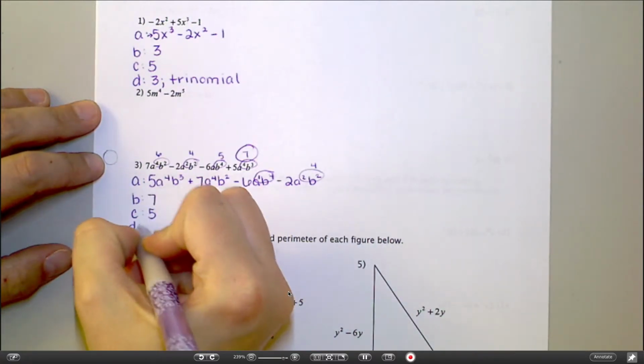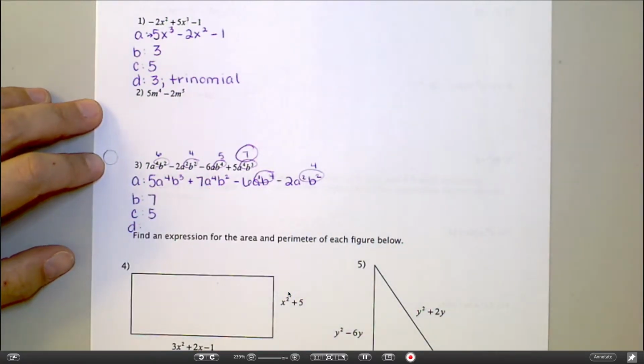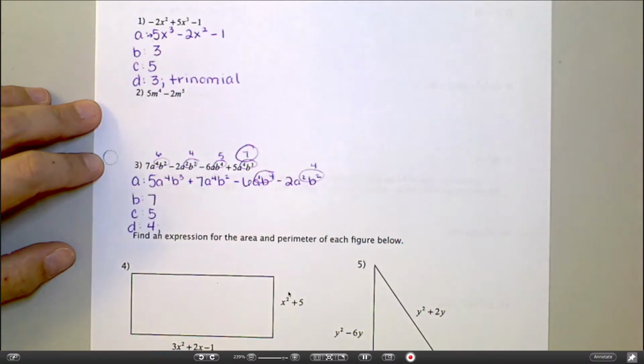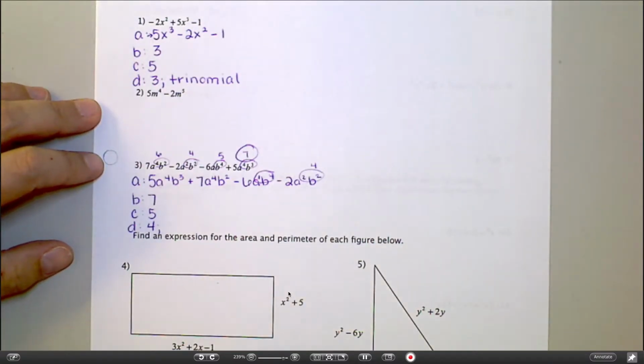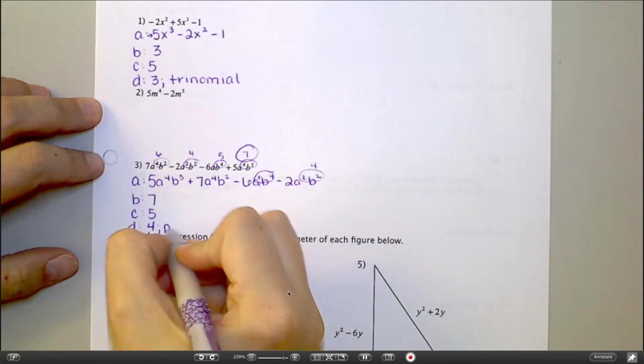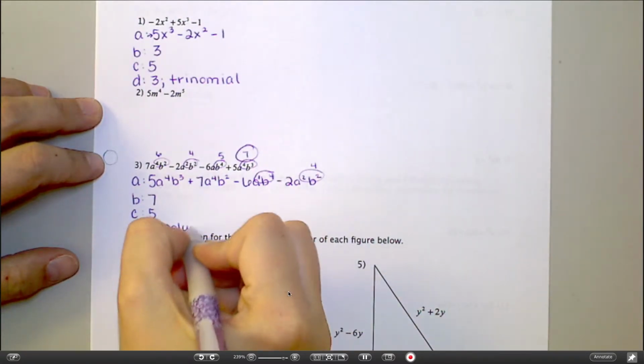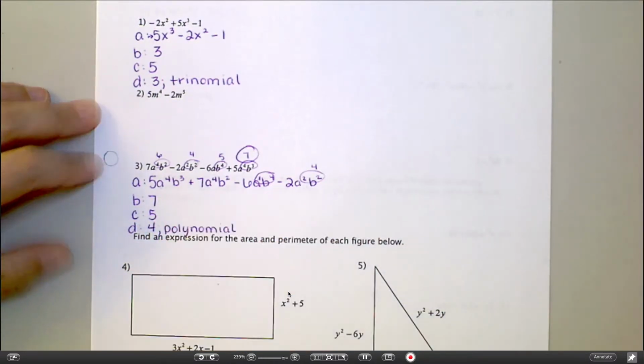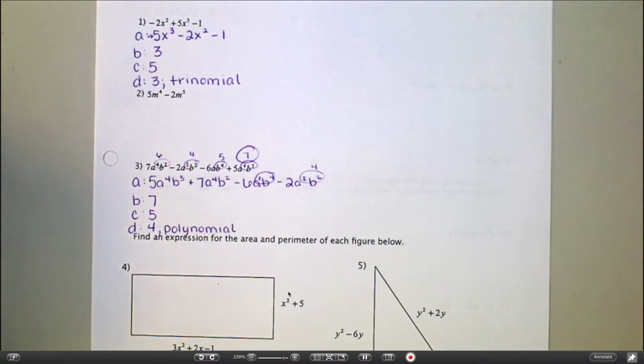And then D, how many terms does this have? 4. And we don't have fancy names for these beyond 3. We have monomial, binomial, trinomial. And beyond trinomial, we just call them all polynomials. Okay? Does that make sense for that one?